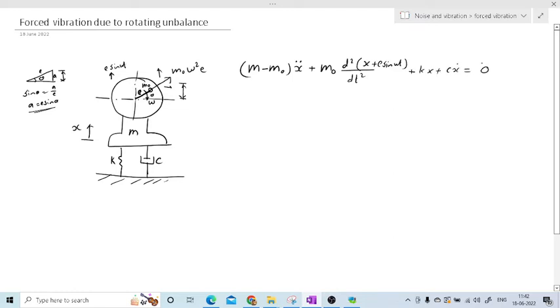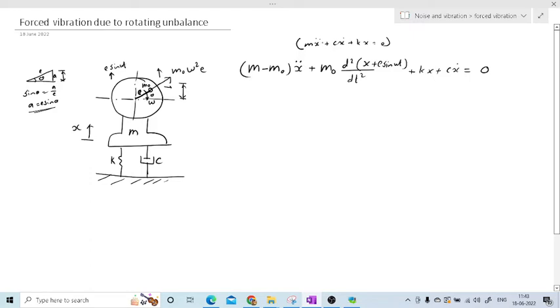This is the normal differential equation we write for any vibrating system: m x double dot plus c x dot plus kx equal to 0. Here you can see m x double dot is the term without rotating unbalance, and here m0 x double dot is for the rotating unbalance.